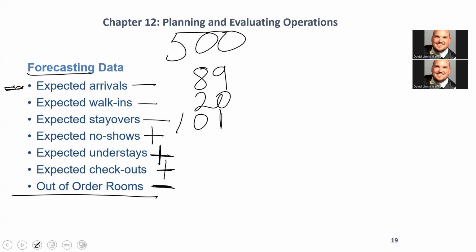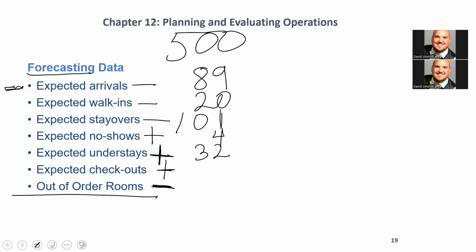No shows, Russell. 4 no shows. Alondra, how many understays? 32.